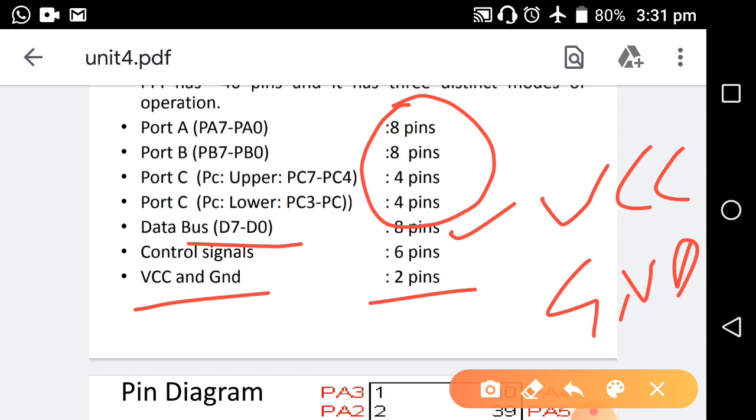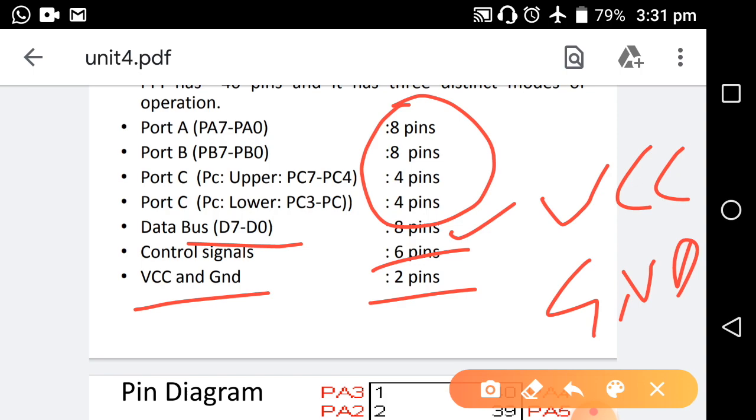The 6 control signals are used to select the IC, which is the active low chip select, and A0 and A1, which are the lower 2 bits of the address lines of the 8085, which provide the address of the ports as well as the control word register, which we will discuss later.